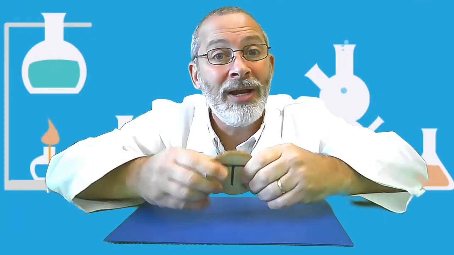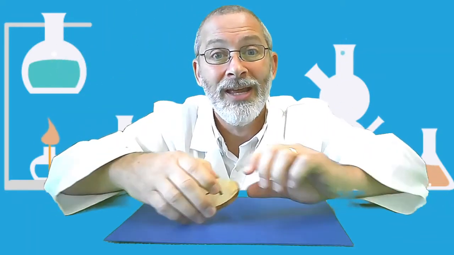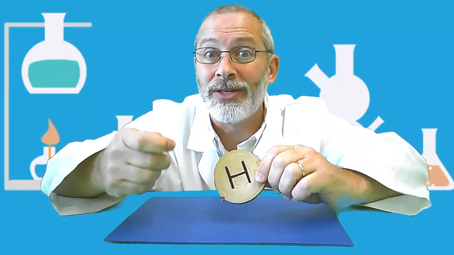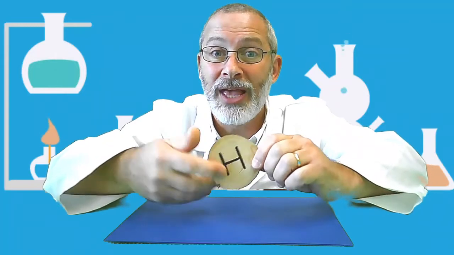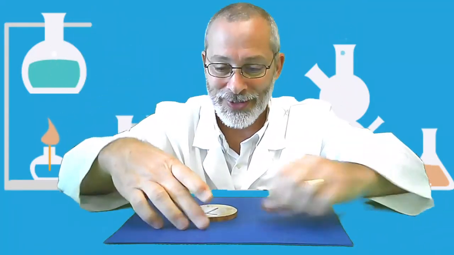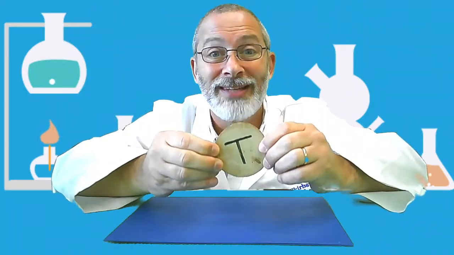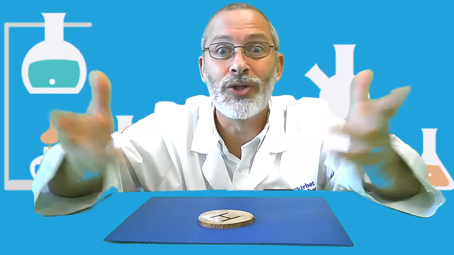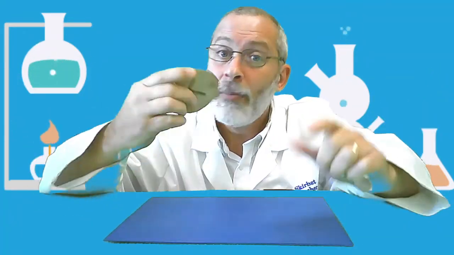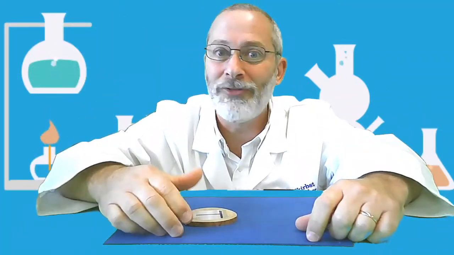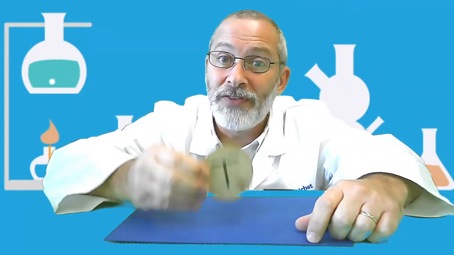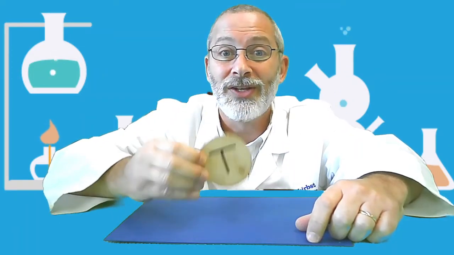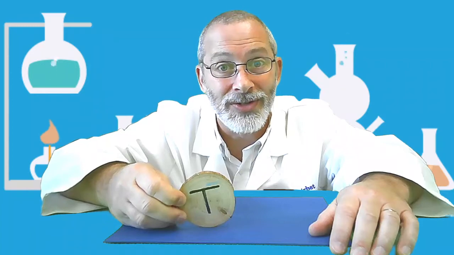No matter how many times you flip the coin, there's a 50% chance, a 1 in 2 chance that it's going to be heads and a 50% chance that it's going to be tails. Now, yeah, you might have a streak of heads, heads, heads. Wow, 3 times in a row. But every time you flip the coin, it's always a 50% chance that it's going to be heads or tails.